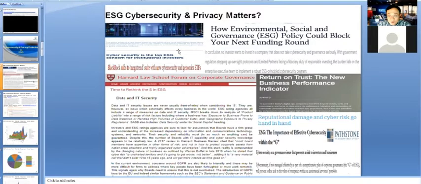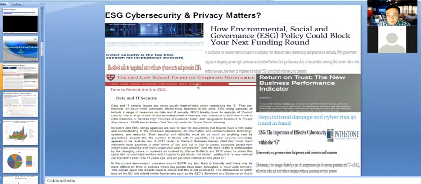They say cybersecurity is a top ESG concern for institutional investors. When they choose portfolio companies, cybersecurity will be a top priority.